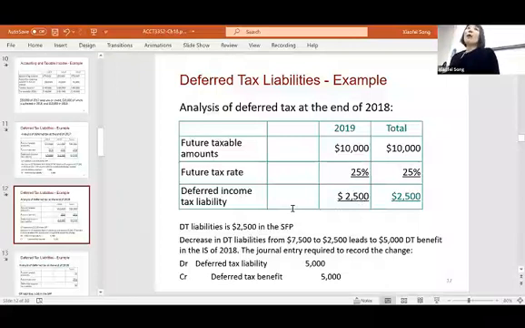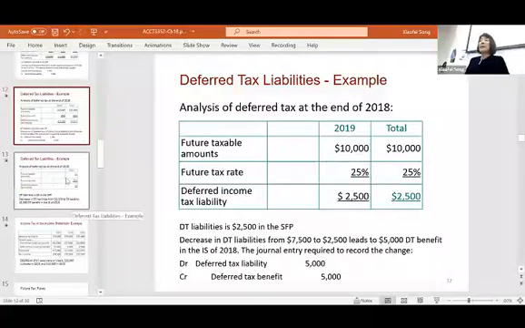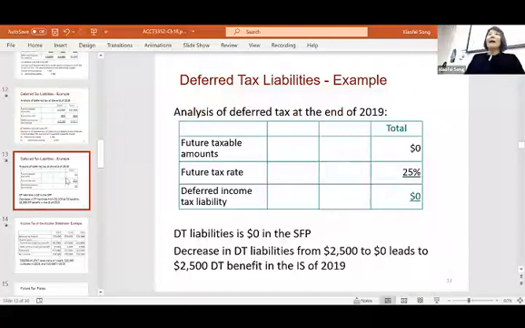That would be wrong, right? That's a rookie mistake because we mistake the change with the balance. You want the balance to be 2,500. You have to see what the balance is there. Okay, so that's a common mistake.